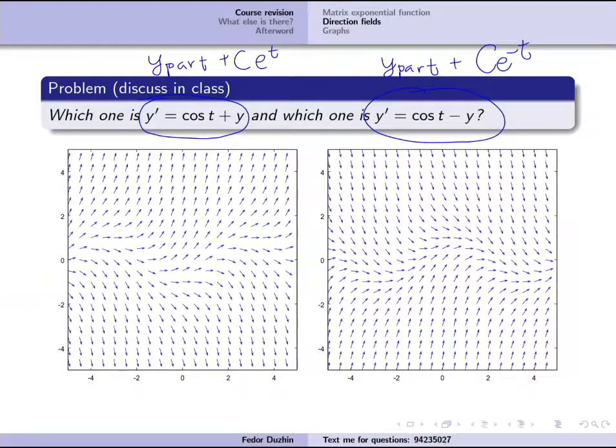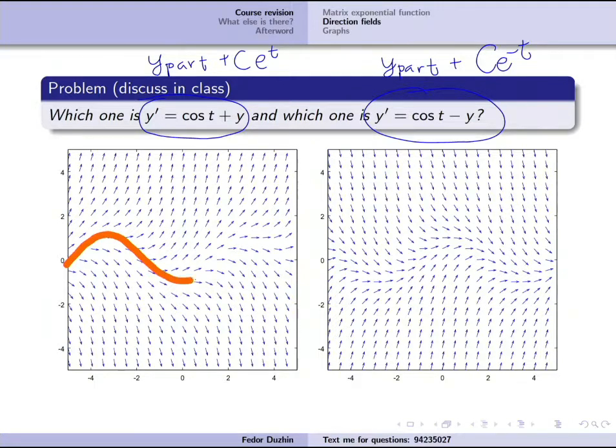In other words, in the first equation, as t goes to infinity, e to the t diverges, so all solutions are going to drift away from the particular solution. In the second example, all solutions are going to drift towards it, and this is what we see, right?